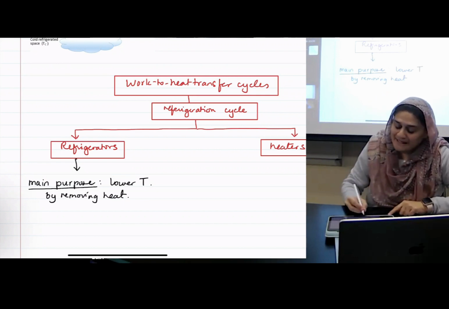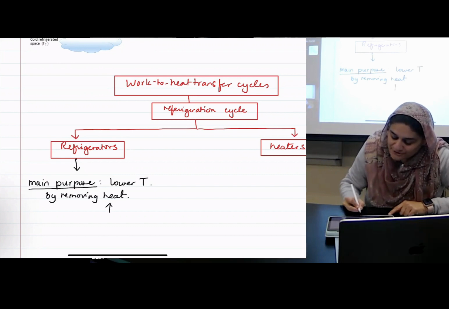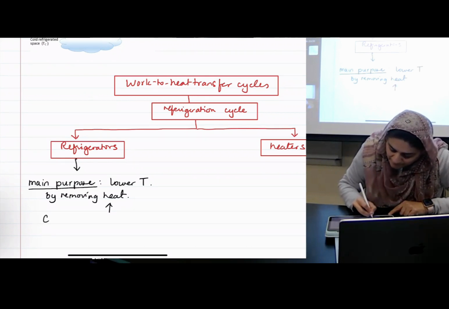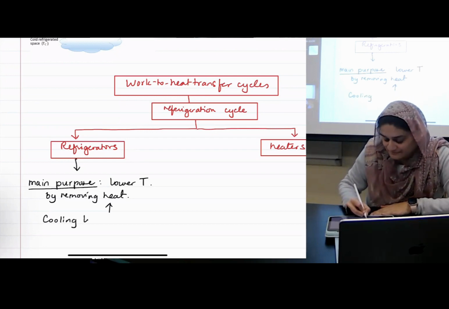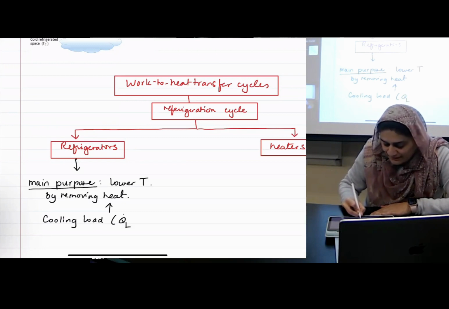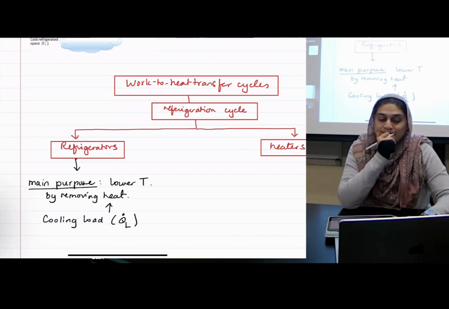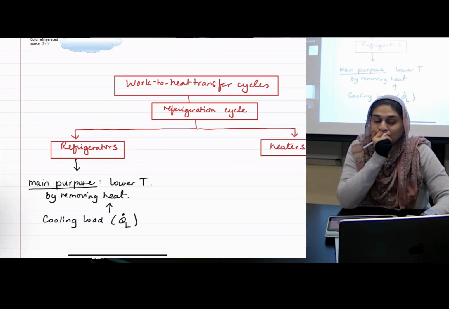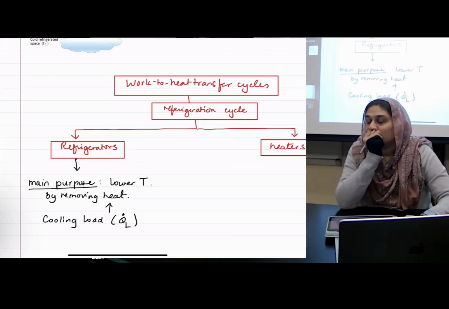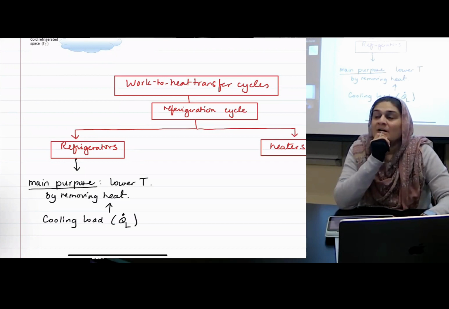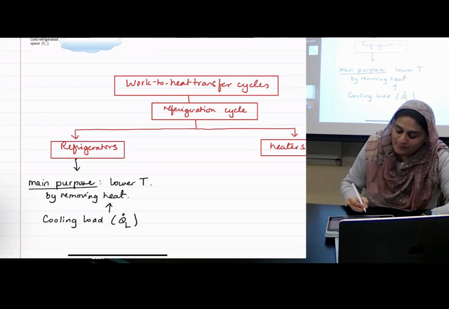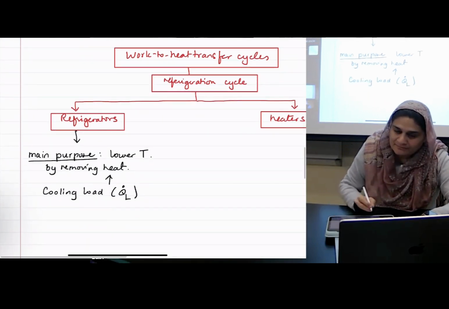So what is that heat called for a refrigerator? It's called a cooling load. QL dot. Do we understand what the dot means? D over dt. And where do you want to remove heat from?